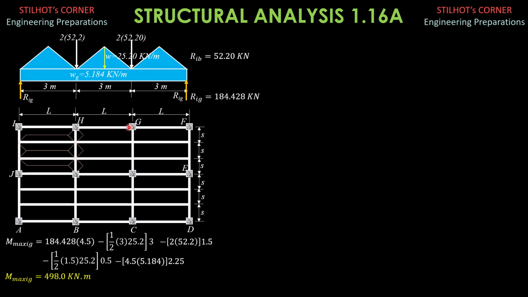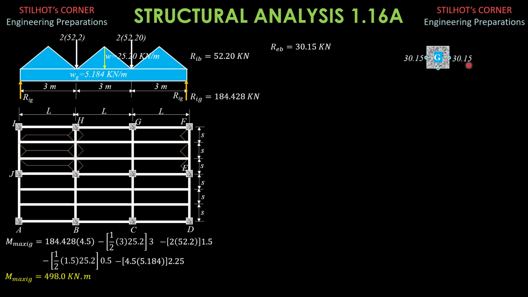Then for the axial load in column G, let's analyze column G. We have the end reaction in the exterior beam, left and right, and here the end reaction of the interior girder, which is 184.428. The end reaction in an exterior beam, if you can recall, is 30.15 kilonewtons, left and right.